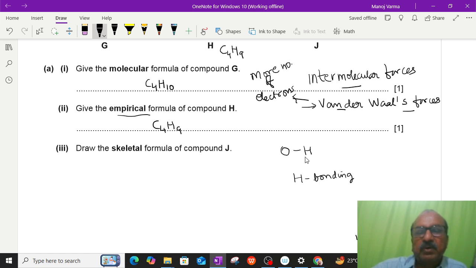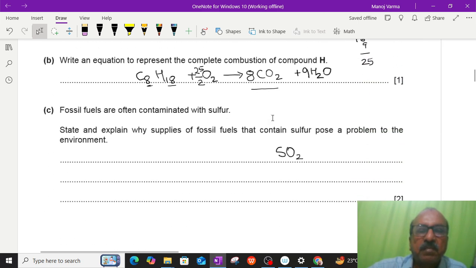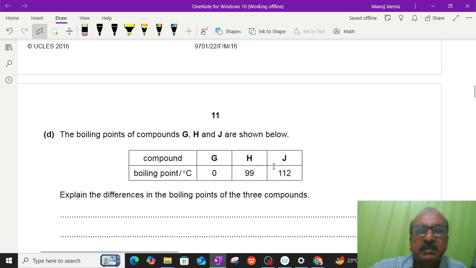If you have an OH group and another OH group, then this is delta negative, this is delta positive, and the forces which arise between the negative and the positive are known as hydrogen bonds, and these hydrogen bonds are stronger. Therefore the boiling point of the compound J is the highest because it has the strongest intermolecular forces. So this is the answer.